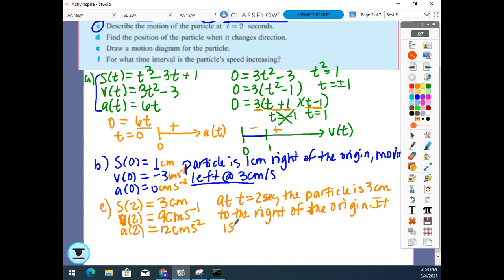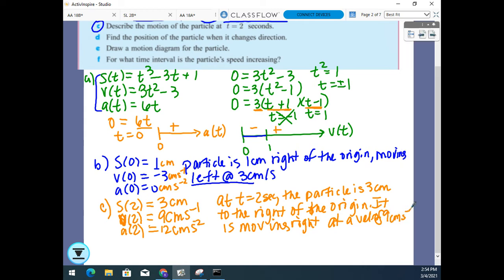It is moving right at a velocity of 9 centimeters per second.